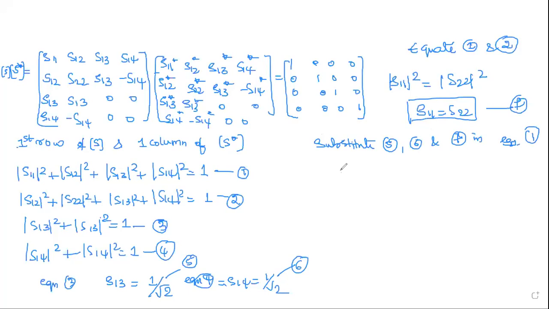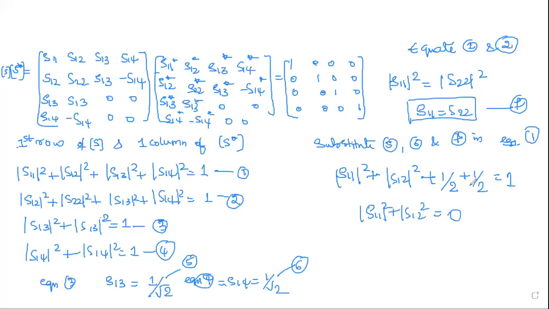So you'll get S11 square plus S12 square plus 1 by root 2 whole square, which is 1 by 2, and 1 by 2, which is equal to 1. If you simplify this, it will be S11 square plus S12 square, plus 1 by 2 plus 1 by 2, which is again 1, equal to 1. So 1 minus 1 will be 0.